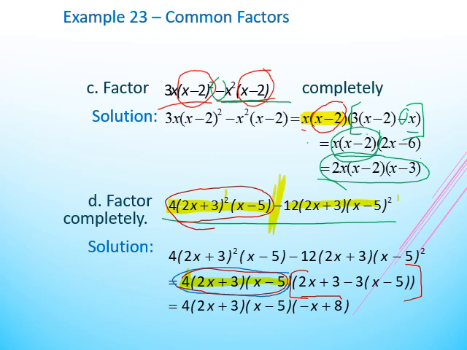And from the second term, after taking this common factor, the rest will be 3 times (x minus 5). Now it's easy to simplify this result to be 4 times (2x plus 3) times (x minus 5) times (minus x plus 8).